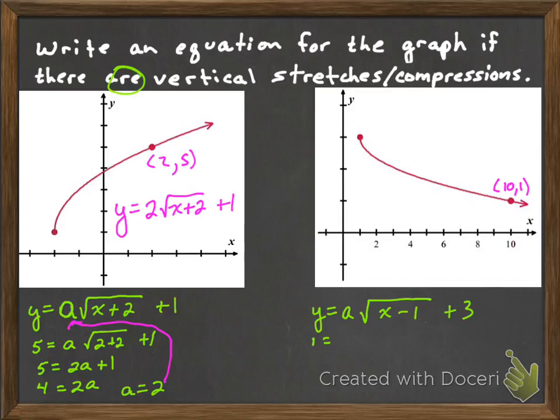So we get 1 equals a times square root of 10 minus 1, and then plus 3. Now this will be a square root of 9, which is 3. So that makes it 3a.